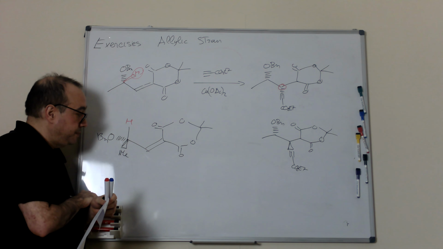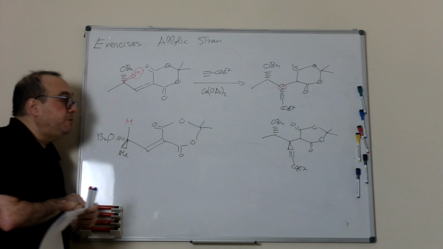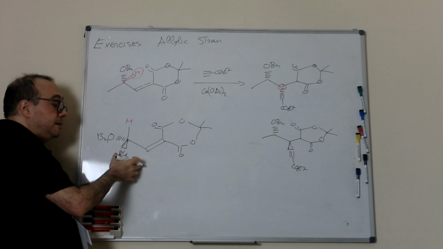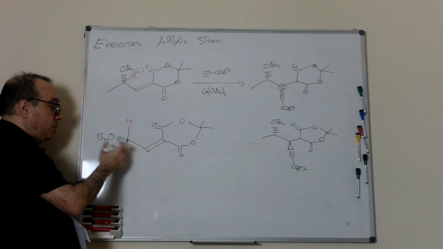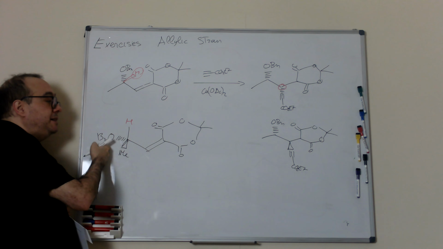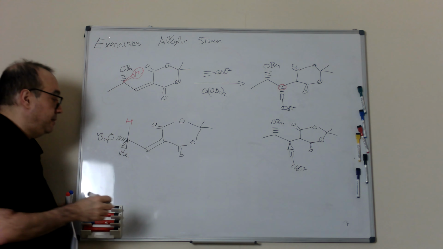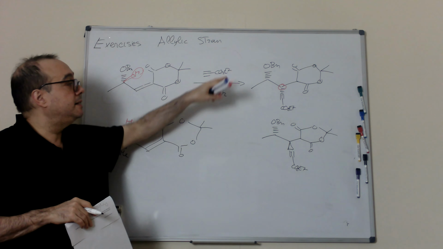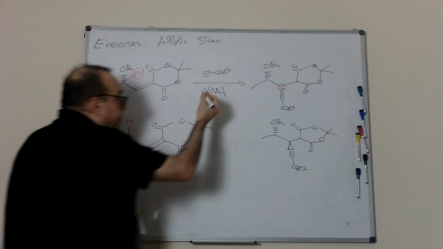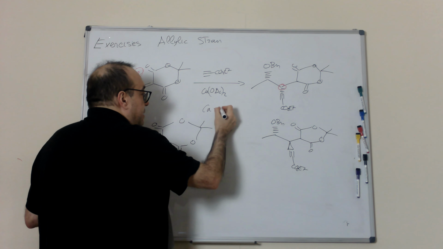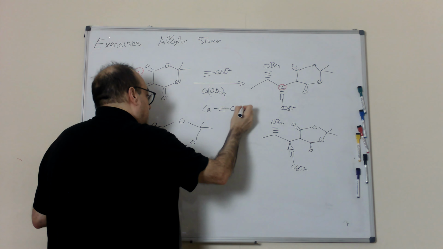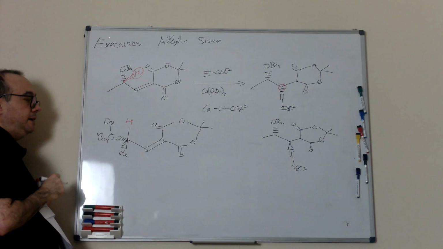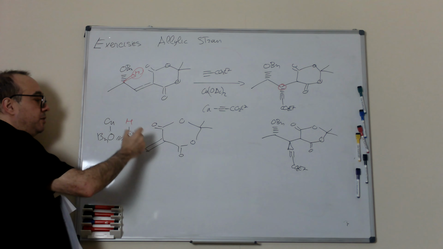And now the cuprate is coming. If we only looked at the sterics, obviously a methyl is smaller than a benzyloxy, which means that the attack has to be from in front. However, because it's a copper and we are forming a cuprate, the active species is this. This copper coordinates with the oxygen, and this is the directing group that will attack.